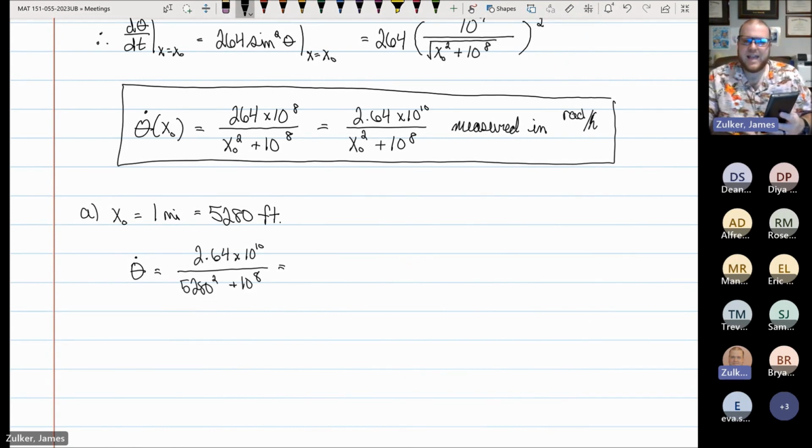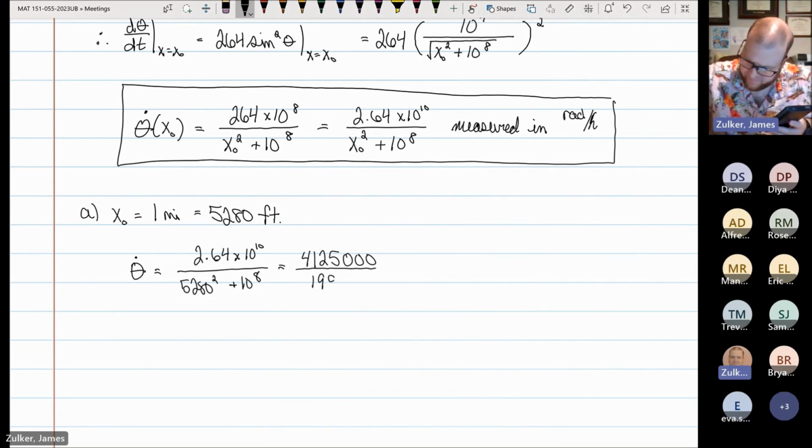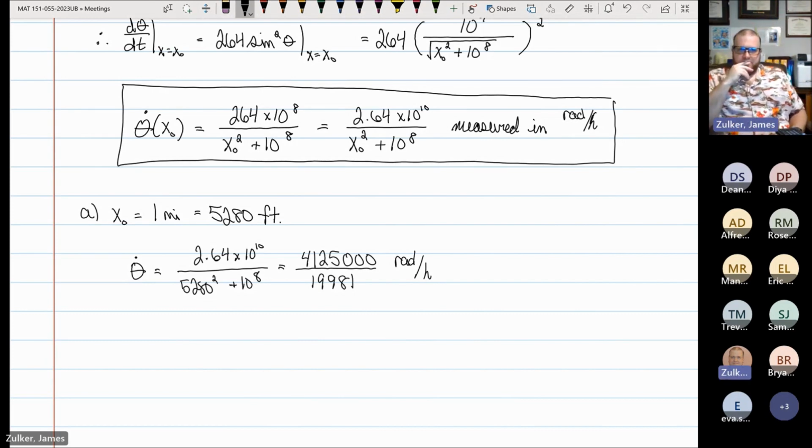So here's what we get in exact form. And it looks hideous. Right, just for perspective, this is about 206.45.